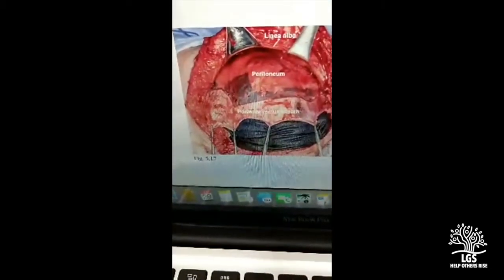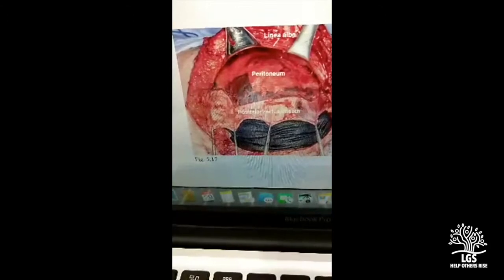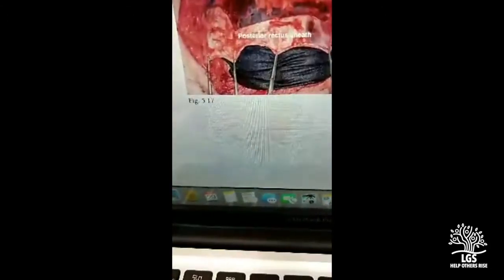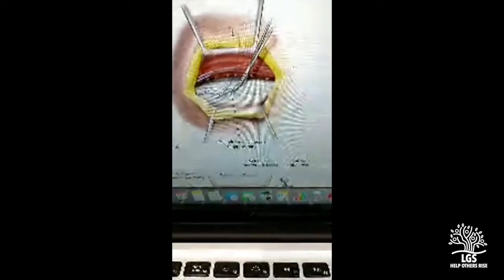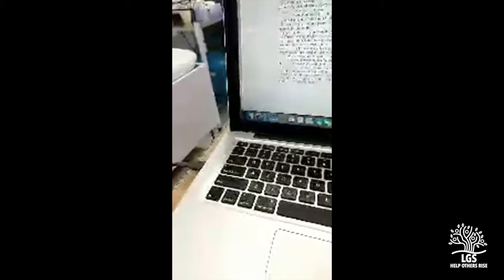See the final picture? And the peritoneum is closed and the mesh is placed.